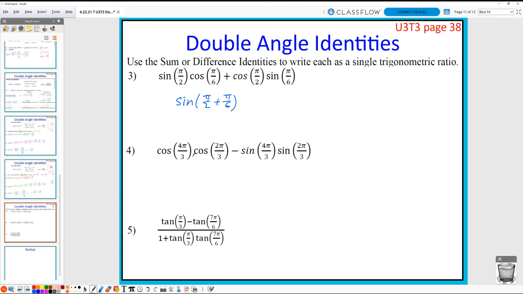Cosine, cosine, sine, sine tells me this is a cosine sum or difference. Be careful because in cosine, the sign does not match. So even though this is minus here, this becomes plus 2 pi over 3. And of course, the one with tangent must be tangent. The sign will match the numerator, so minus 7 pi over 6.